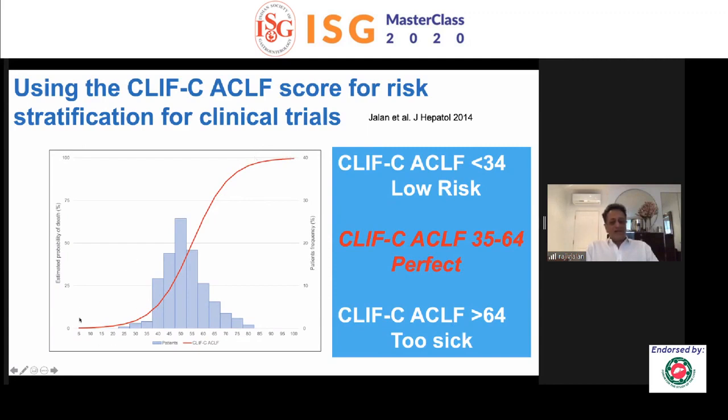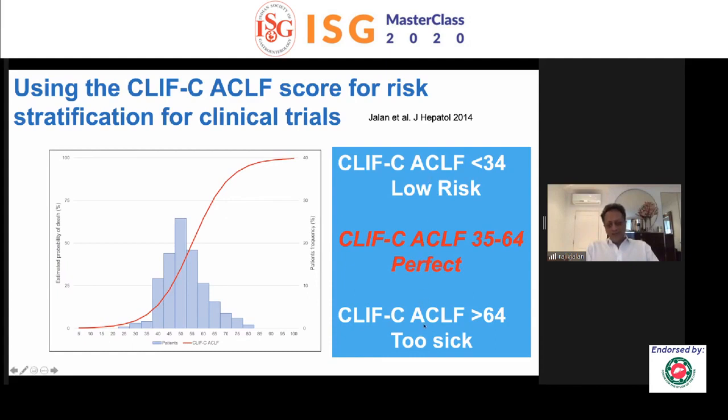If you have patients here at the bottom, up to a score of 30, and you include them in your clinical trials, and you want to look at survival, then you will not get a right answer because the mortality risk is so low. These patients up here are too complex and probably not for new trials.